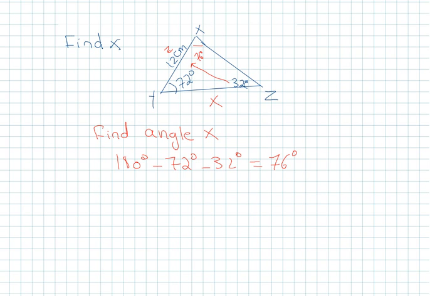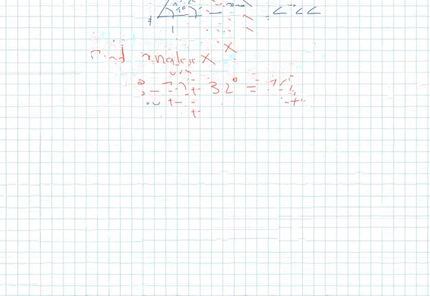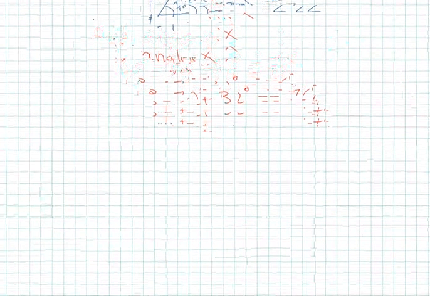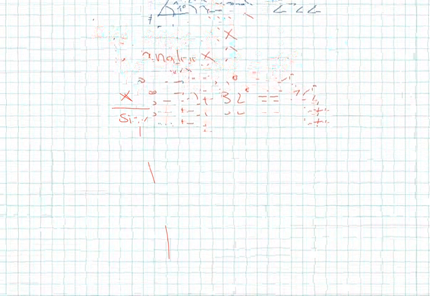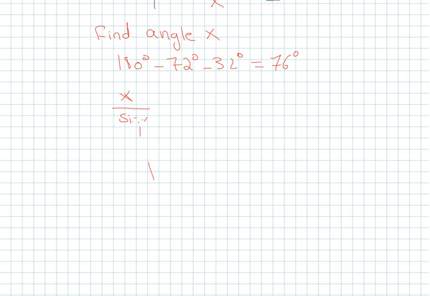So it's going to be x over sine x equals z over sine z. Goodness, this is not working properly. Do I know side x? I don't. This is what I'm looking for.